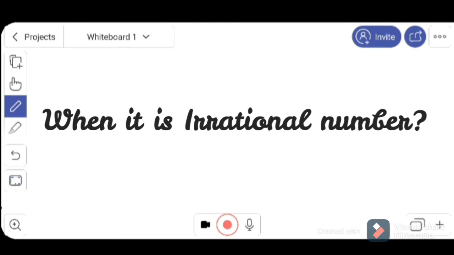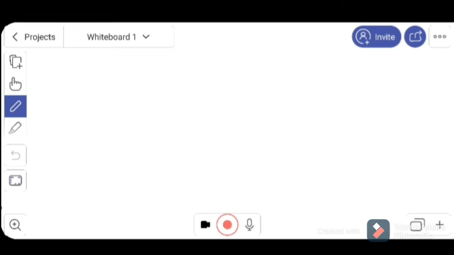Okay? Remember that if a is a positive number or a positive integer that is not a perfect square, then the square root of a is an irrational number.